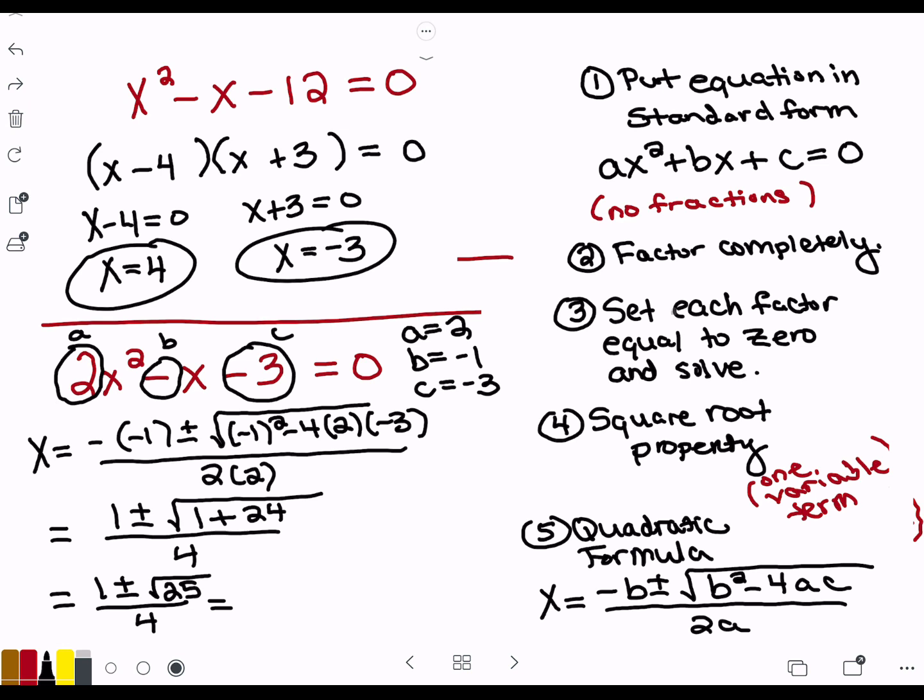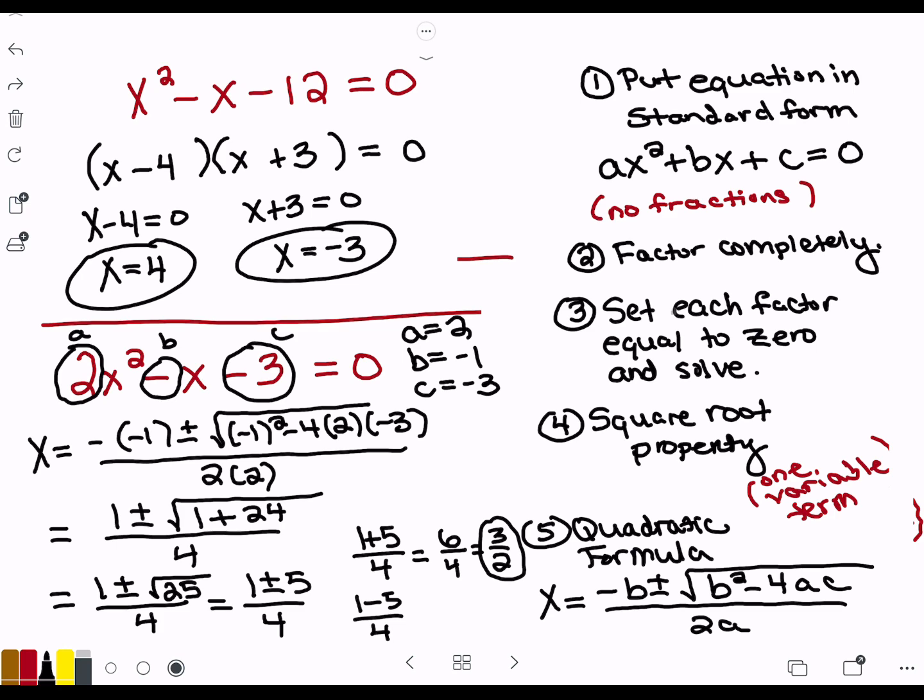Now I'm going to add the 1 and the 24. I get square root of 25. And we know the square root of 25 is 5. So 1 plus or minus 5 over 4. That creates 2 answers. 1 plus 5 over 4 and 1 minus 5 over 4. Let's see what that gives us. 6 over 4. And that reduces into 3 over 2.